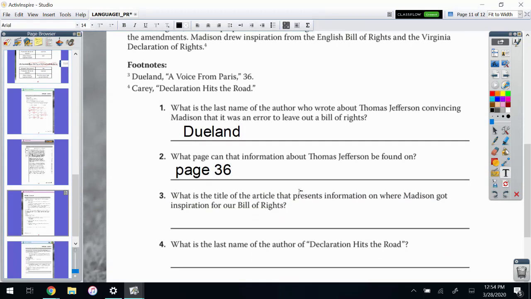So the article that talks about this is in footnote number 4. Declaration Hits the Road. And what is the last name of the author of Declaration Hits the Road? Remember, the author is the first thing we see in our reference. That's right, Carey.